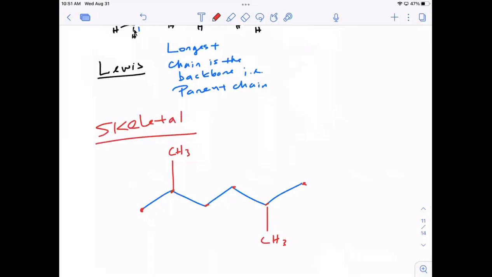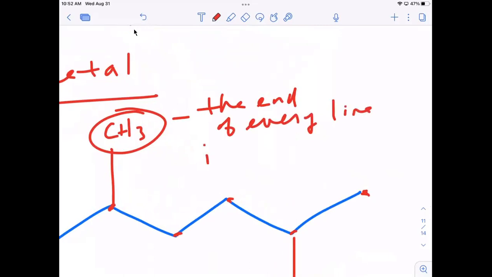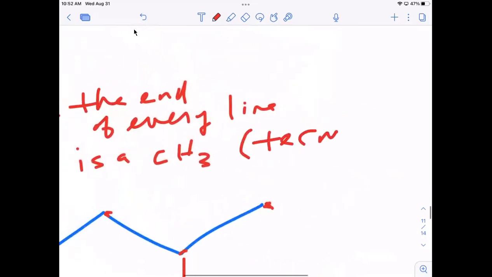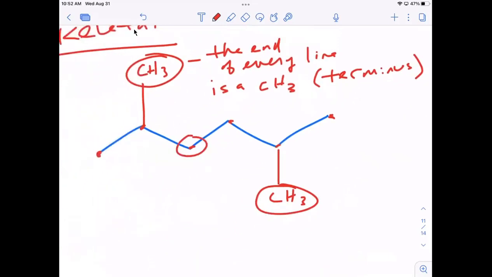I don't show any C's or any H's except where I designate necessary. Because the end of every line is a CH3, unless there's another atom there. We call it a terminus. So every terminus is a CH3. And every vertex where 2 lines come together is a CH2.